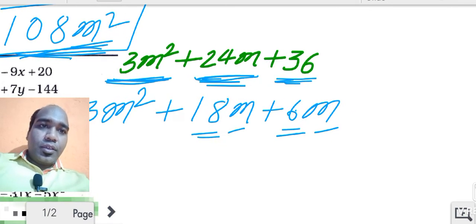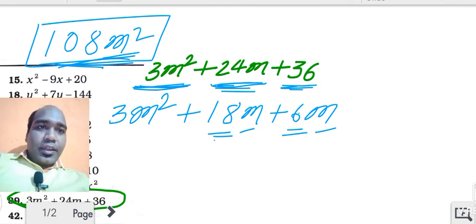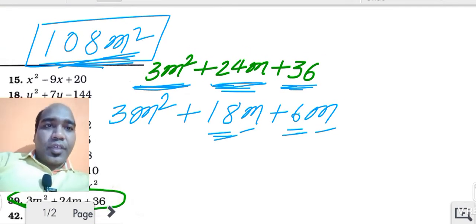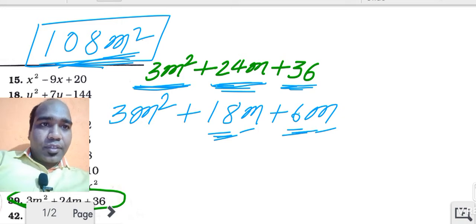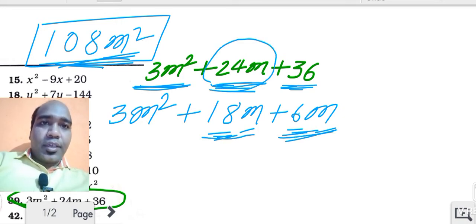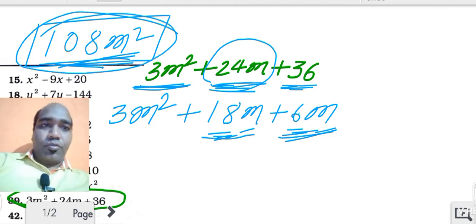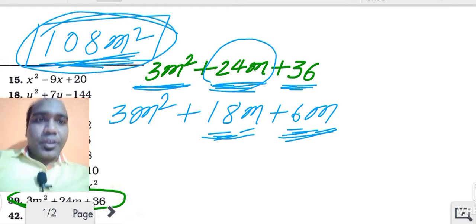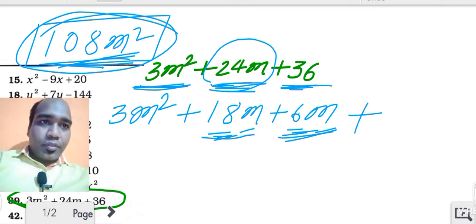So 18m plus 6m is satisfying both the conditions. Okay, so we have split this 24m in the form of 18m plus 6m. Now plus this 36 we have to write 36.